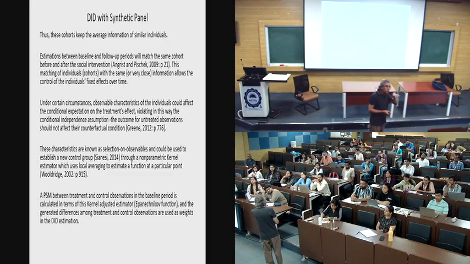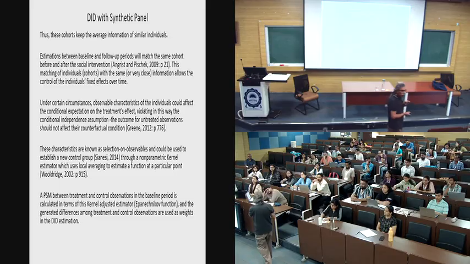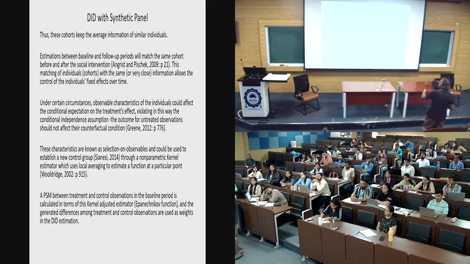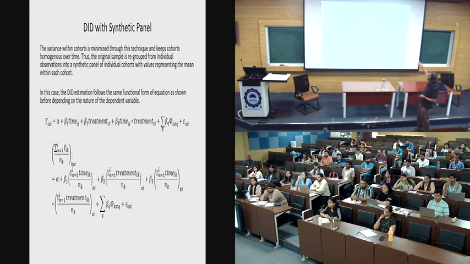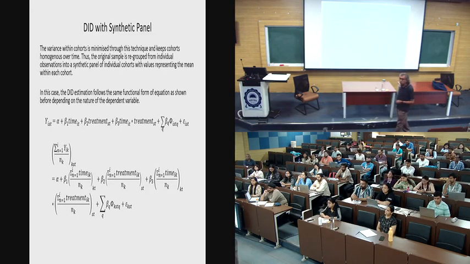Sorry. So in the baseline, I first do a PSM, a propensity score, okay? In terms of the kernel-adjusted estimator and the generated difference between the treatment and control observations, then I want to use that as the weight, my sampling weight, basically, in the DID. Clear? So if I think of my previous equation, then I basically want to estimate my Y_ist equation by taking care of the sampling weight.